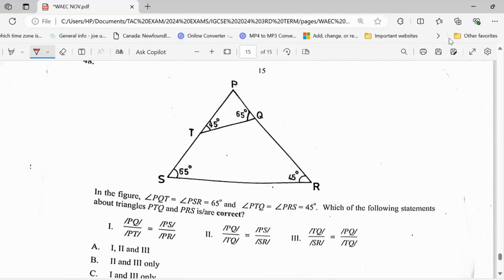And angle PTQ equals angle PRS, which is 45 degrees. Which of the following statements about triangles PTQ and PRS is or are correct?